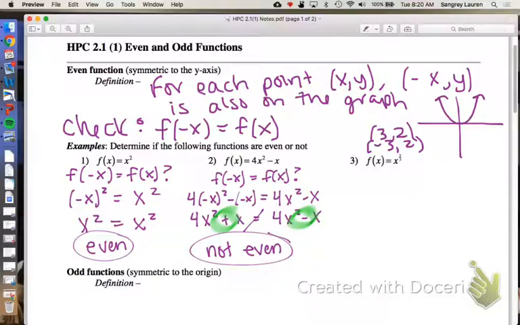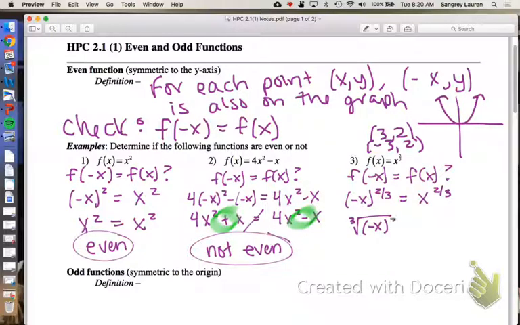All right, we'll do the last one here. Again, we're checking: does f of -x equal f of x? So we have (-x) to the 2/3. Does that equal x to the 2/3? Remember, with your exponents, when we have a fraction, the denominator is the root, so this is actually the cube root, and the numerator is the exponent.